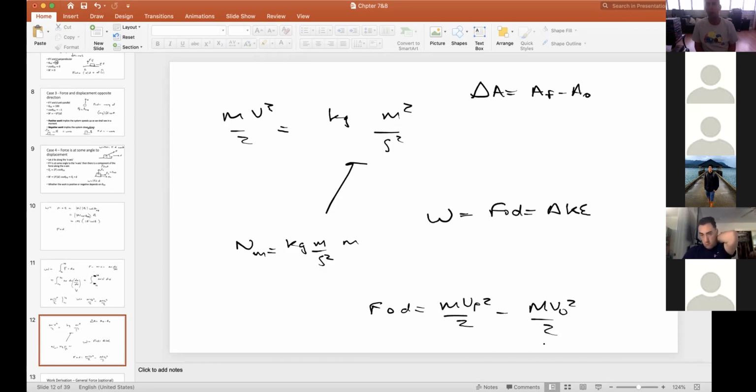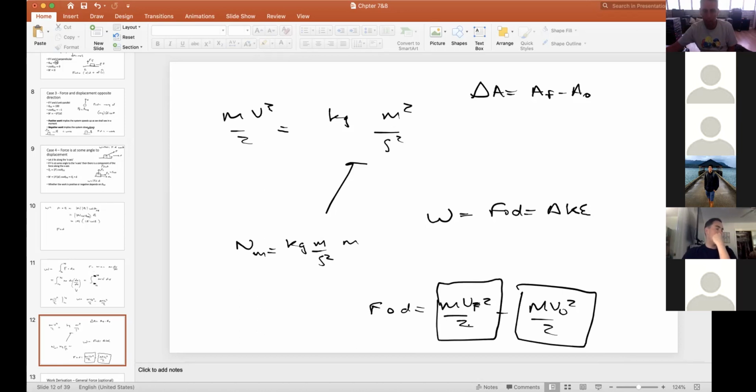Period. That is the work-energy theorem. It says that work becomes energy. If the work were negative, the initial term would be bigger, which would mean it slowed down. If it's positive, v final is bigger, and that means it sped up.